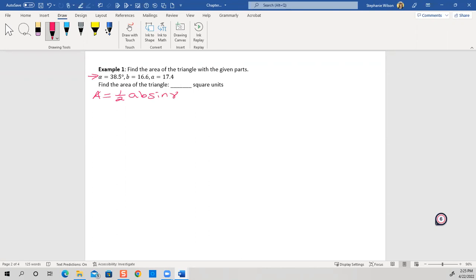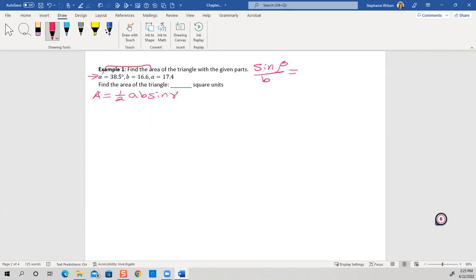Okay, unable to solve for this formula because we don't know what gamma is, right? Remember, C is the unknown. So in order to find gamma, we do it indirectly by first using the law of sines to find the measure of beta. So if I'm looking for beta, I got sine of beta over B is equal to, and let's use what we do know.